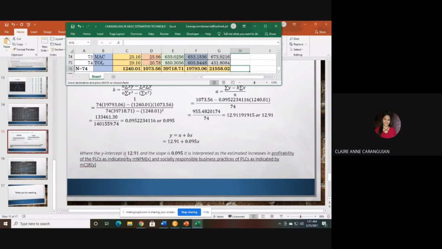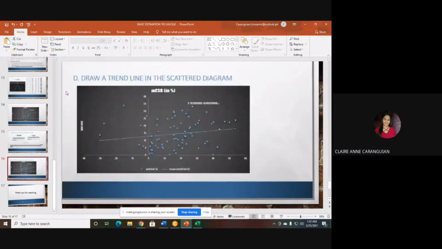So, where the y-intercept is 12.91 and the slope is 0.095, it is interpreted as the estimated increase in profitability of the public listed companies as indicated by the mean of net profit margin, which is the X variable, and social responsible business practices of PLCs or the public listed companies as indicated by the mean of corporate social responsibility or the Y variable.